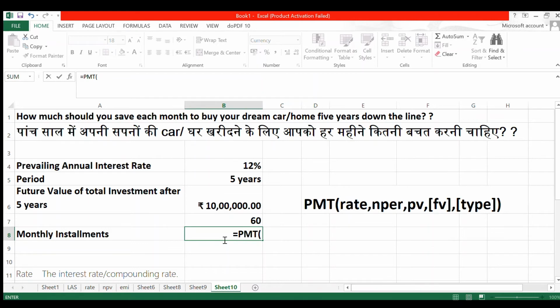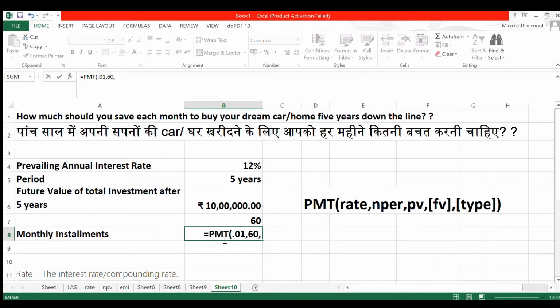The rate, as we are planning to save every month, we should give the monthly compounding rate instead of the annual interest rate. So 12 divided by 12 months will give you 1%, that means 0.01. So the monthly interest rate, that is monthly compound rate, will be 0.01. Total number of payments will be 60.